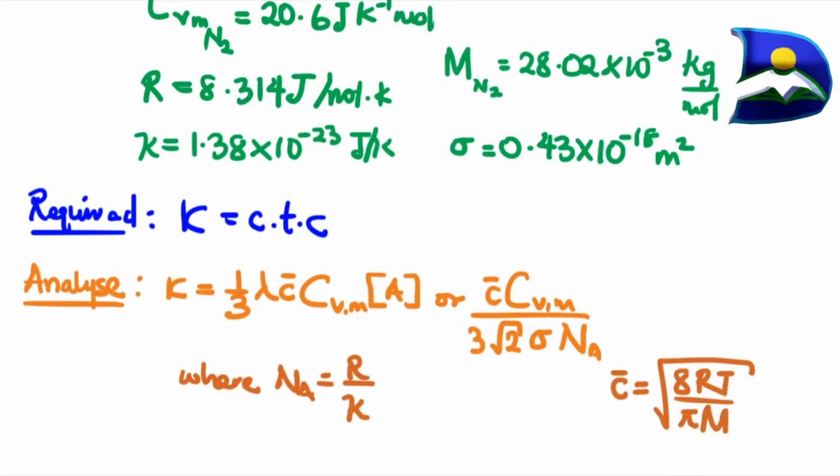Once we have these two expressions, we can replace N with R over k in this equation. And for our c, which we're not given in the question, we can now replace it with R, T, which are given, and also M, which is the molar mass, in this equation right here.